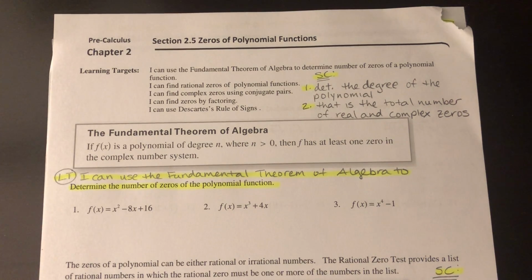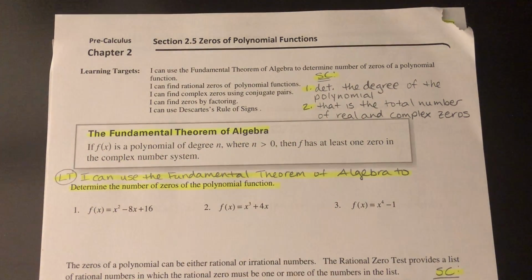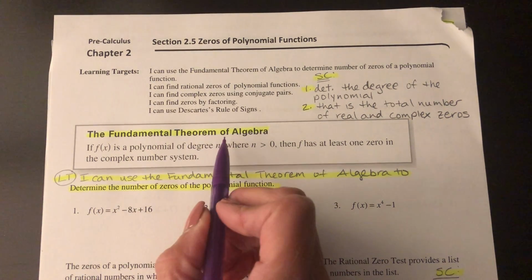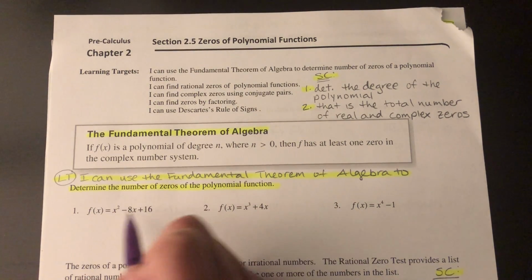And an important theorem to know is the fundamental theorem of algebra. So here is your formal definition given there. But basically what you need to know is that the fundamental theorem of algebra is testing for how many zeros there are in the function.